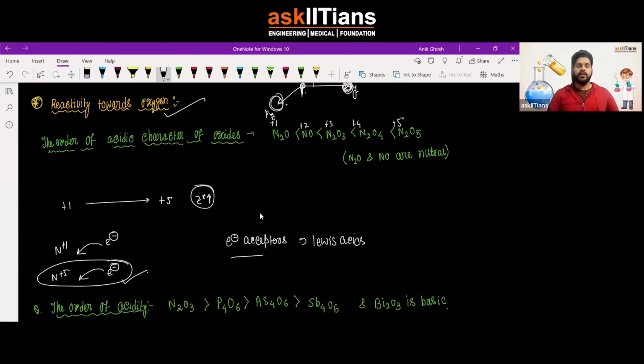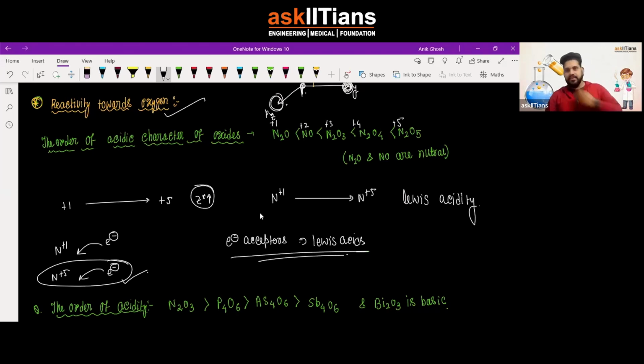So from there, guys, we can conclude that from nitrogen +1 to +5, Lewis acidity increases. That's why the acidic character is highest in N2O5.